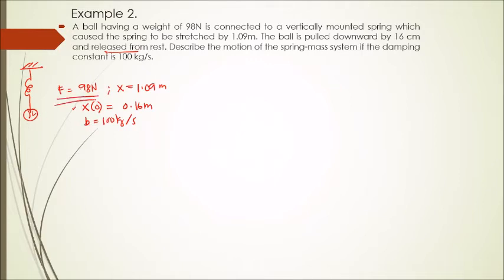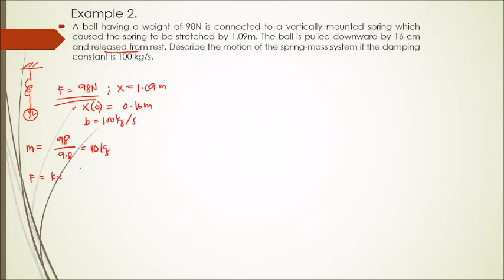We have this force here. So we can equate it with the mass, which is mg. So we can have 98 divided by gravity, that's 9.8. M is equal to 10 kilograms. And then our K, F is equal to Kx.